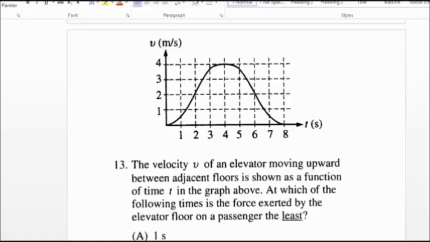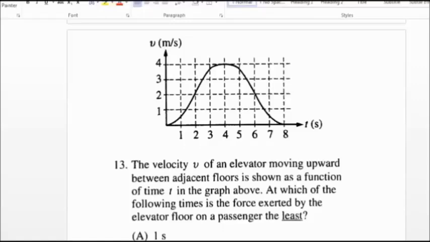So in this case, if you look at the graph, the acceleration is positive on the left of the graph, till 4 seconds, the velocity is increasing. So that means the elevator must be exerting more force than the force of gravity. So the elevator is moving up, accelerating, and the person also is accelerating.